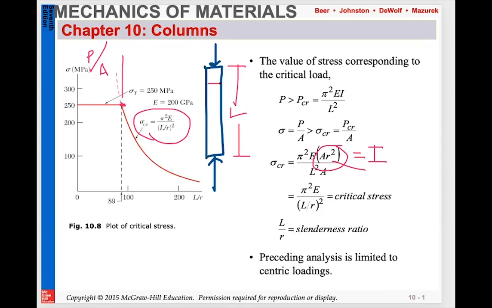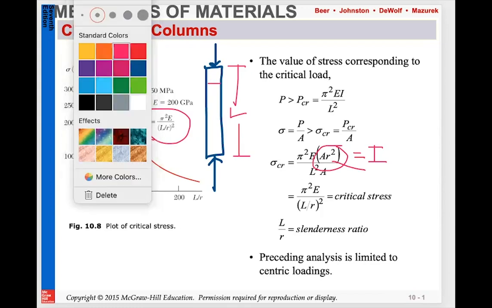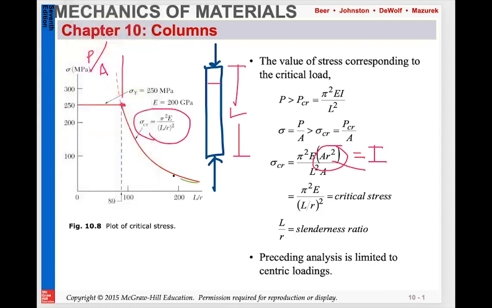So basically, if you have a small dimension in this way and a long dimension the other way, we're going to tend to have the buckling behavior rather than the other behavior. And as you see, those two cross at a certain point.